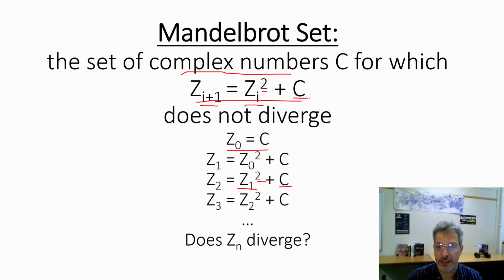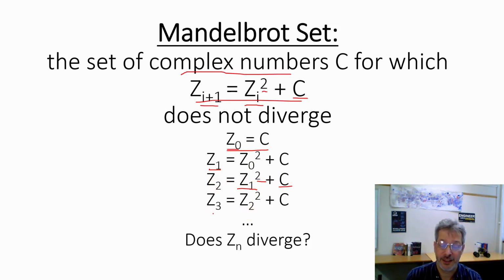So imagine we started with a C of 1, so Z0 is 1. Z1 would be 1 squared plus 1, which is 2, so we'd get a 2. 2 squared is 4 plus 1 is 5, so we'd get a 5. And clearly that does head off towards infinity. That would not be part of our set.